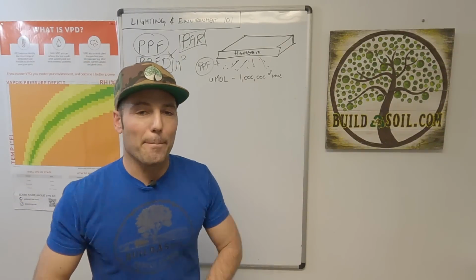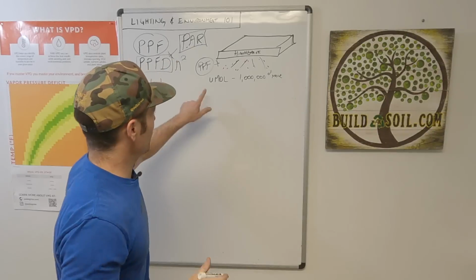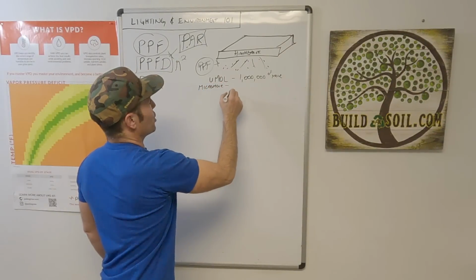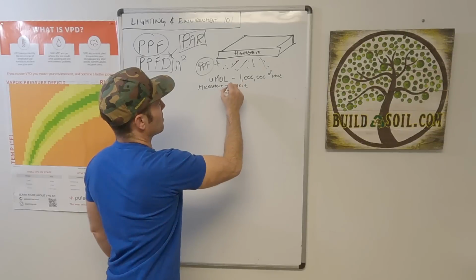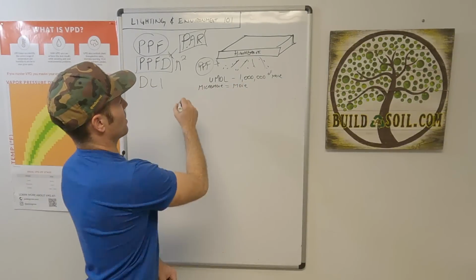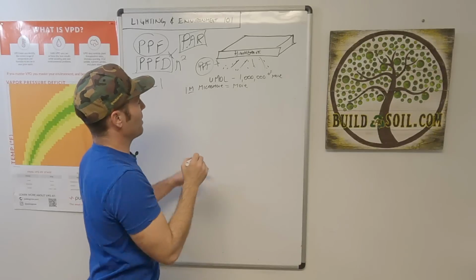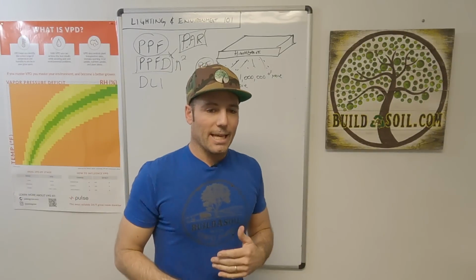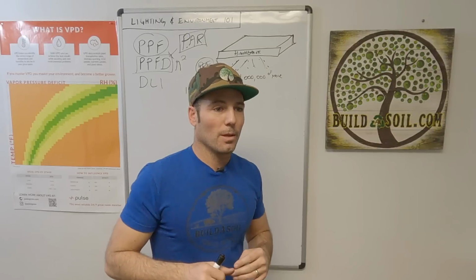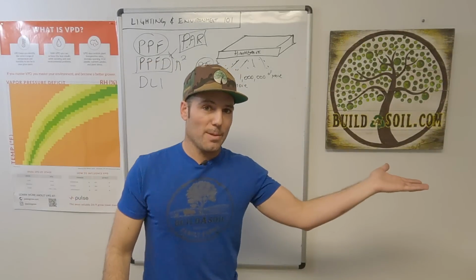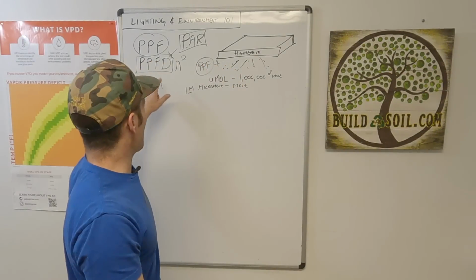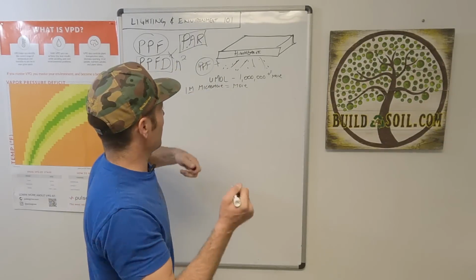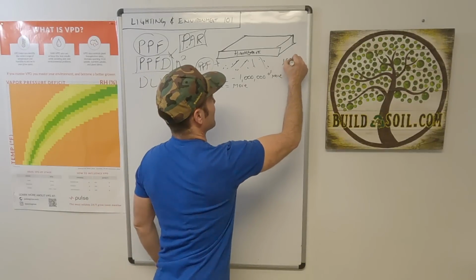And so if you have 1,000,000 micromoles, which is a U mole, you have 1 mole. So 1 million micromoles equals a mole. And the only reason you need to know that is it kind of helps understand why you can be looking at 1,000 PPFD, but when it comes over to DLI, we're looking at moles, because it's this right here, this is in 1 second.